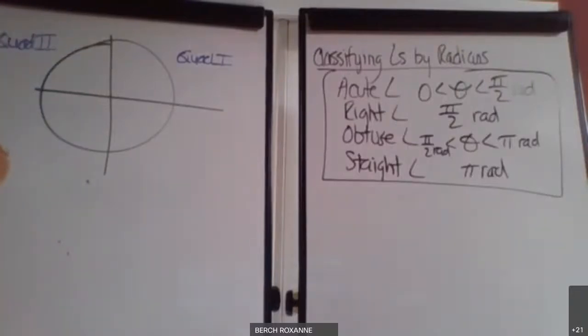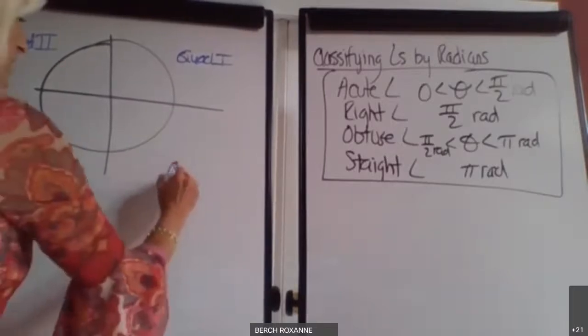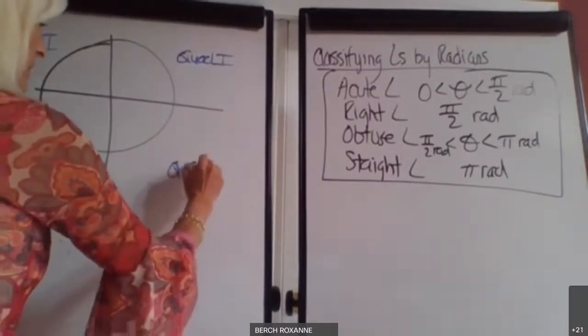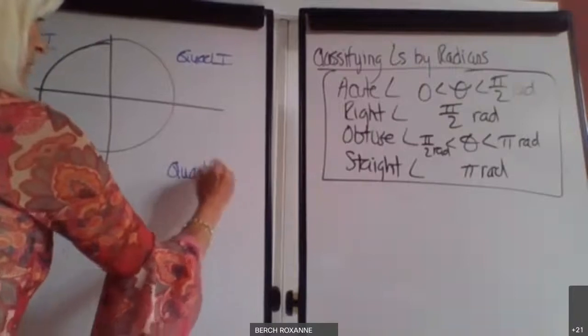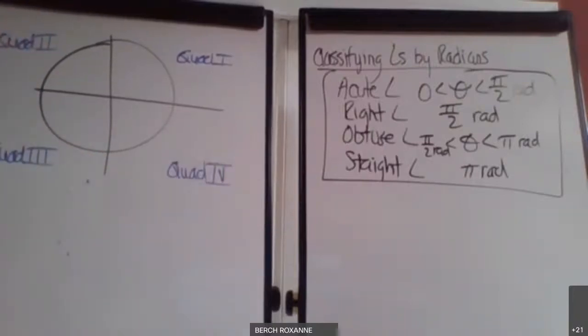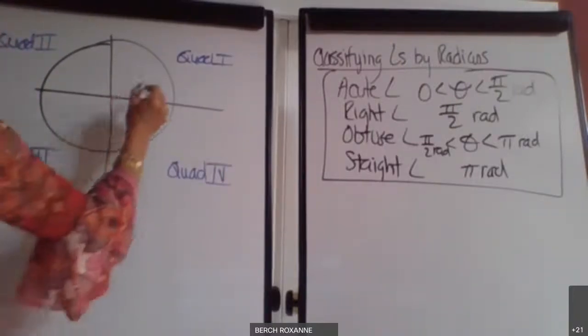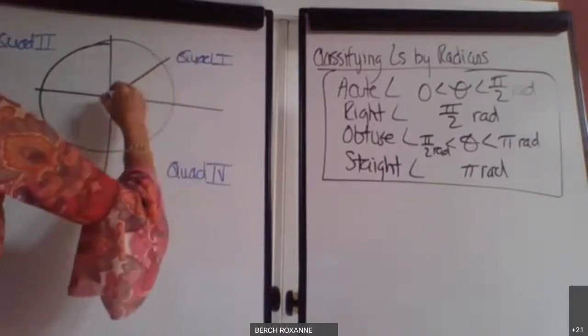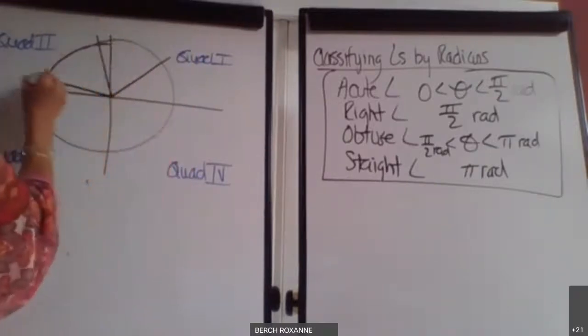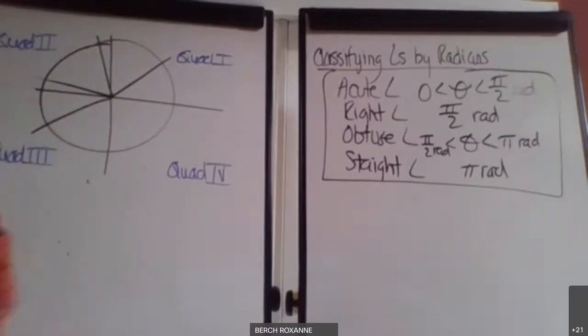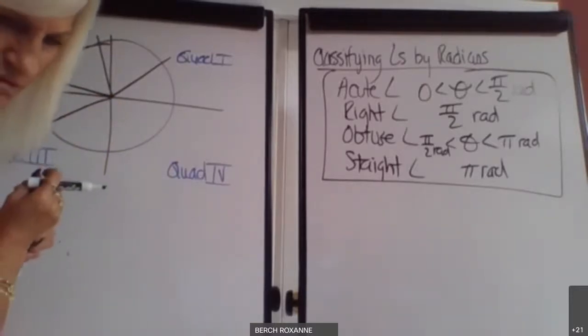Quadrant 3. Quadrant 4. All right, now, in standard position, that would be 1 radian, 2 radians, 3 radians, 4 radians. That's kind of not good.